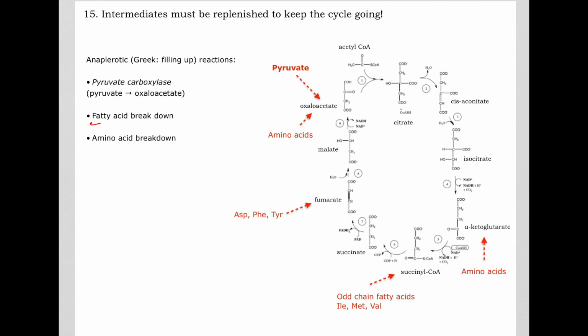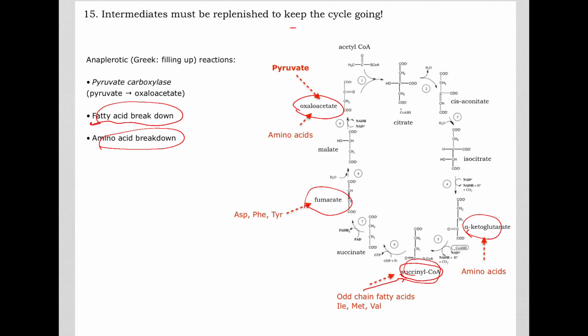The breakdown of certain fatty acids can also provide this intermediate succinyl-CoA, and breakdown of several amino acids can provide intermediates such as oxaloacetate, fumarate, succinyl-CoA, as well as alpha-ketoglutarate. So these reactions make sure that the cycle will keep on happening all the time.